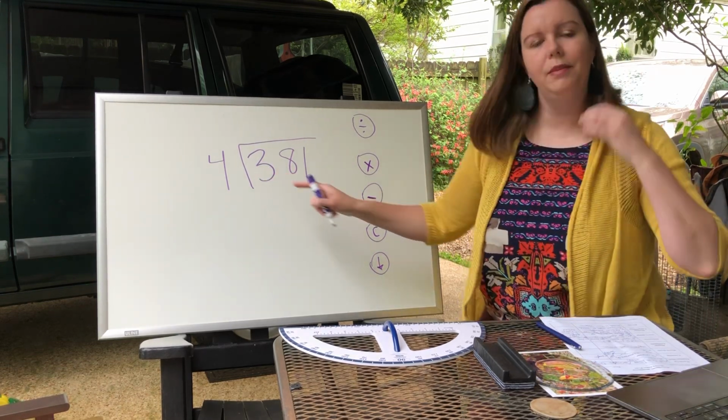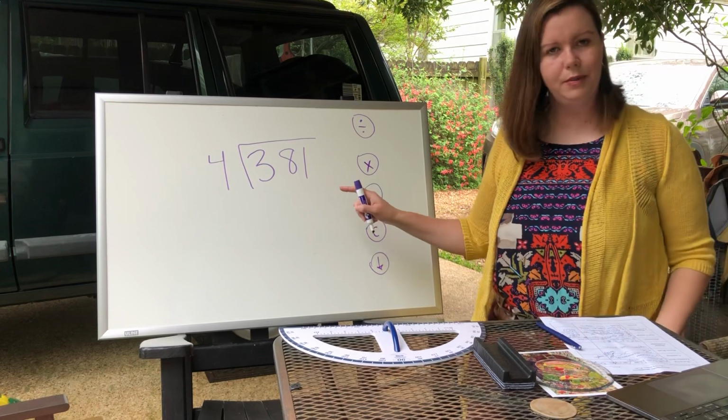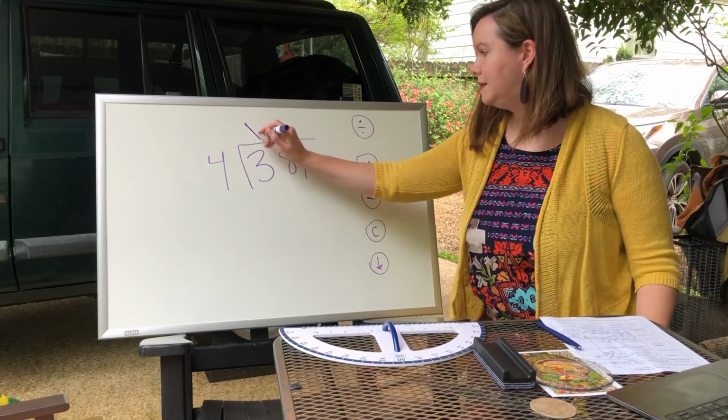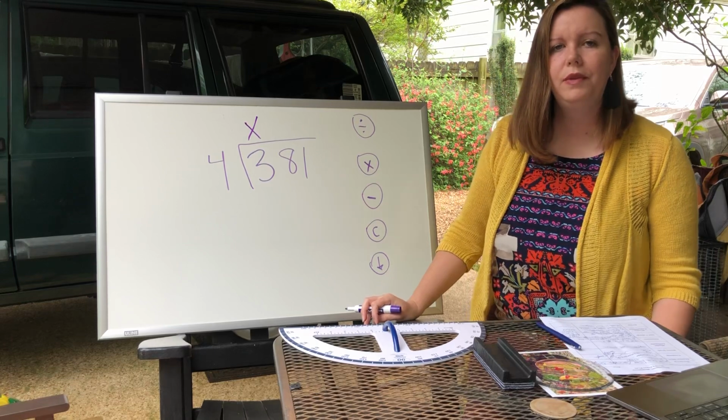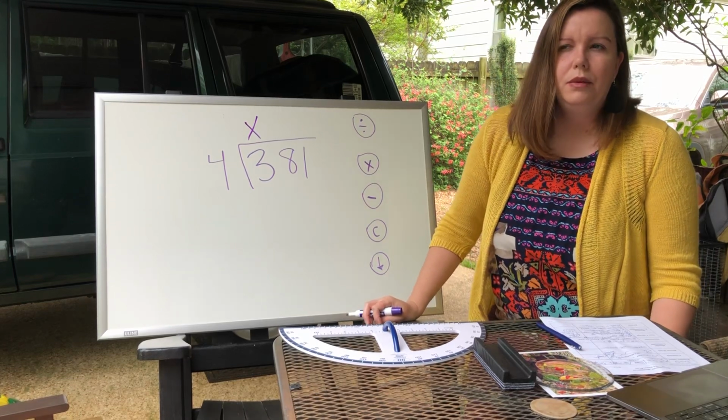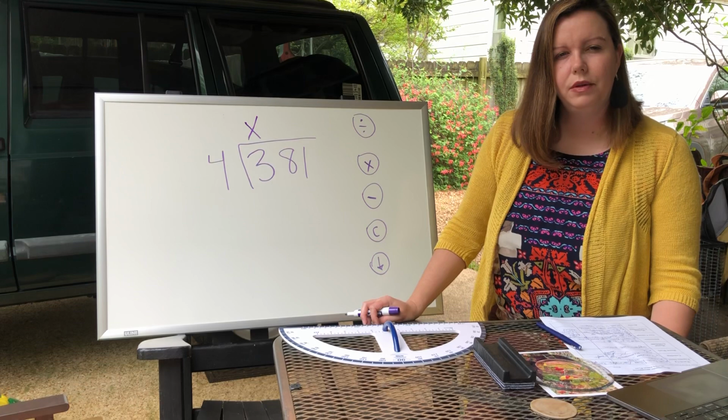What's 3 divided by 4? You can't divide 3 by 4, can you? So we're going to put an X over it. 38 divided by 4. What would that be? You want to go as far as you can without going over.